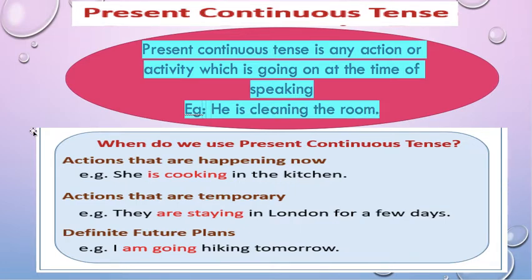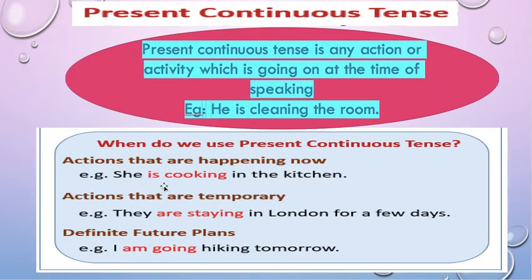Okay students, now when do we use present continuous tense? We use present continuous tense, first one, for actions that are happening now. So actions which are currently in progress, which are not completed, which are going on. Example, she is cooking in the kitchen.